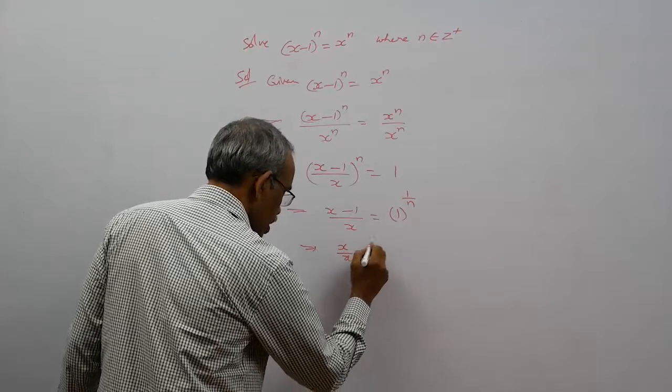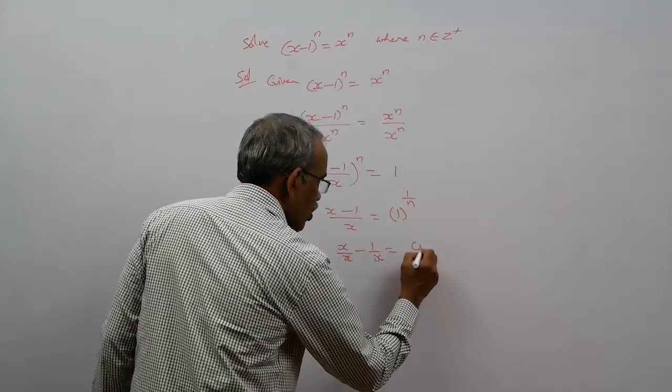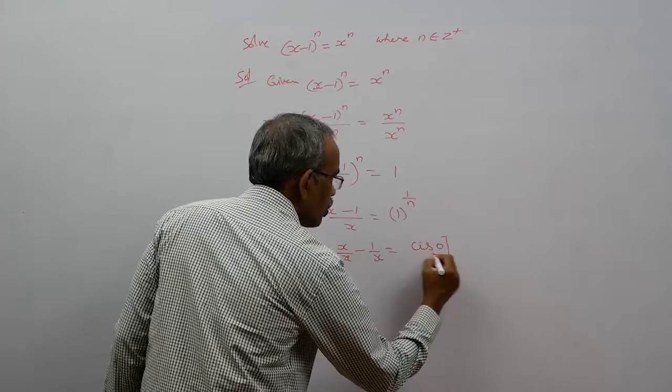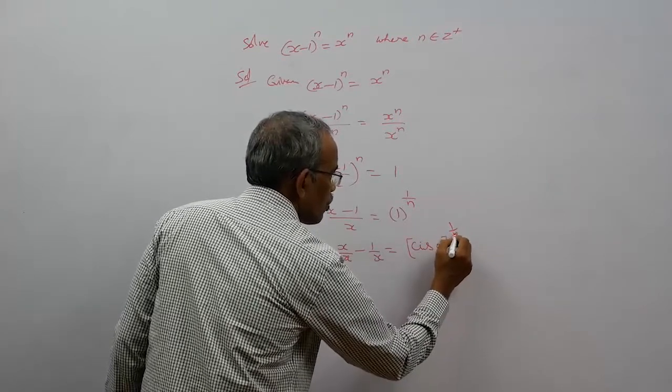So (x minus 1) by x, 1 is equal to (cis 0) whole to the power of 1 by n.